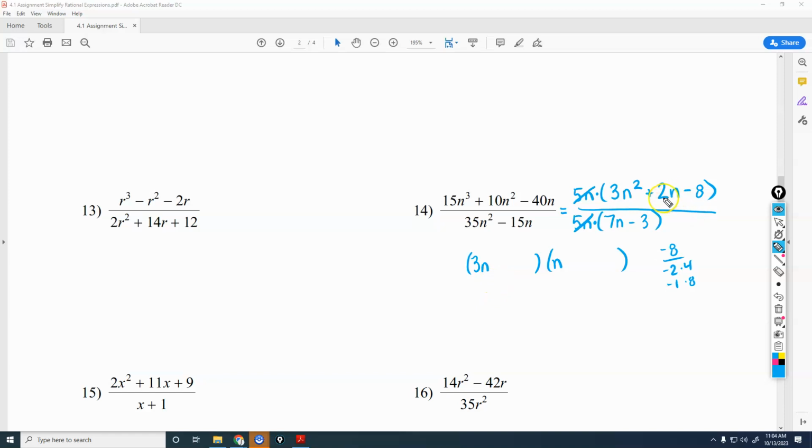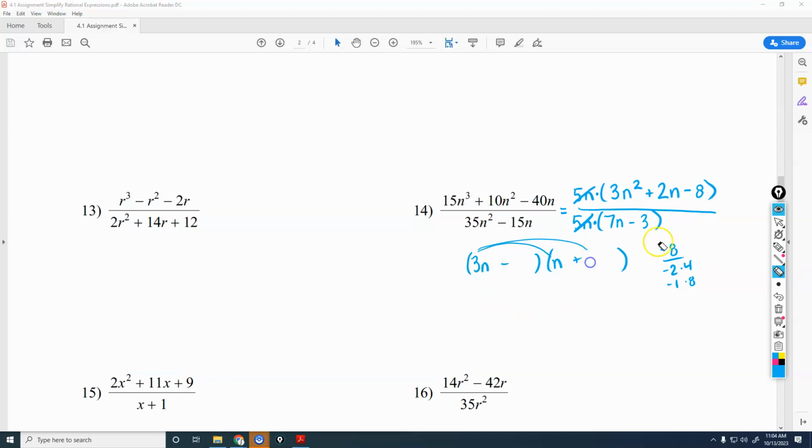There is one that gives you 2, but it's not necessarily going to be the right answer. So if we try negative 2, positive 4, if we multiply that back, we get 3n squared plus 12n minus 2n. That one's not going to work. 12 minus 2 is going to give us 10. So that does not work.